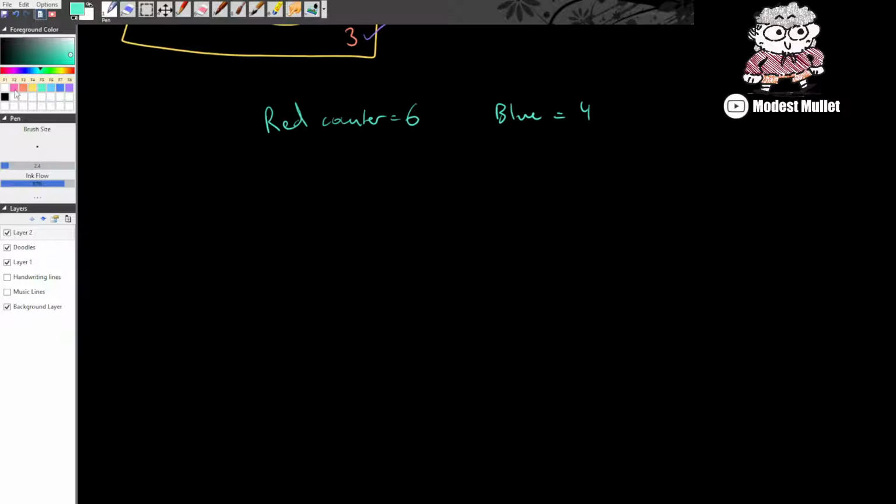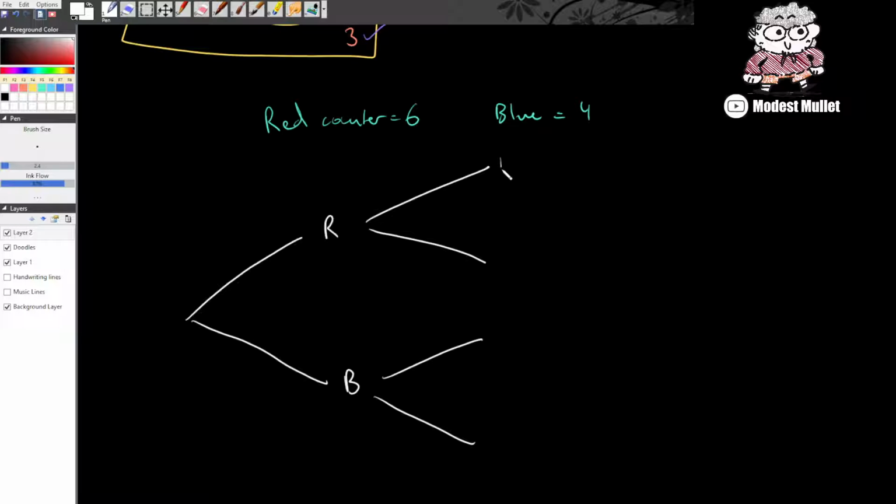So let's build a tree diagram. We can get red or blue in our first pick, and then we pick our second counter, we can also get red or blue, red or blue. Now, let's put some probabilities in. Probability of getting a red is 6 out of 10. Probability of getting a blue is 4 out of 10.